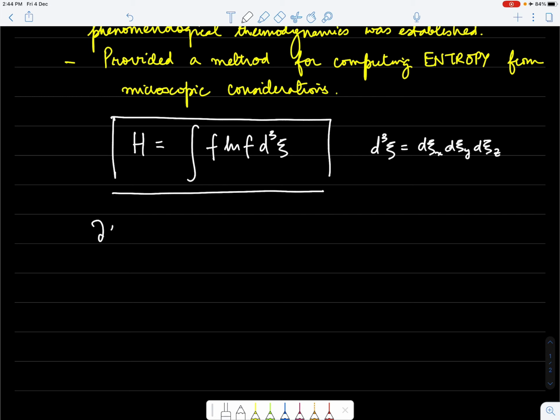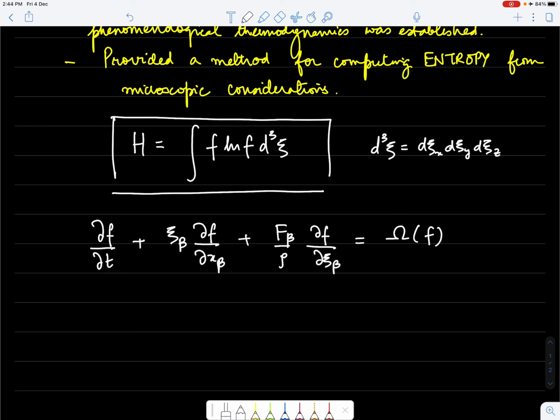So recall that we wrote df dt plus xi beta df dx beta plus F beta by rho df d xi beta is omega f, where omega is a collision operator, f is our distribution function, F beta is essentially the components of the force, and I'm using index notation here.